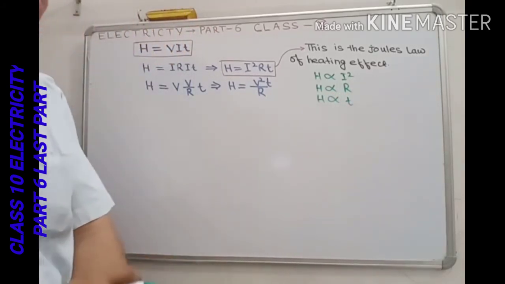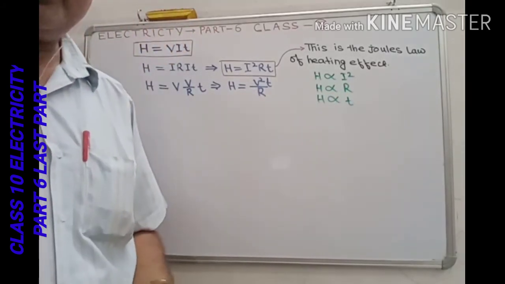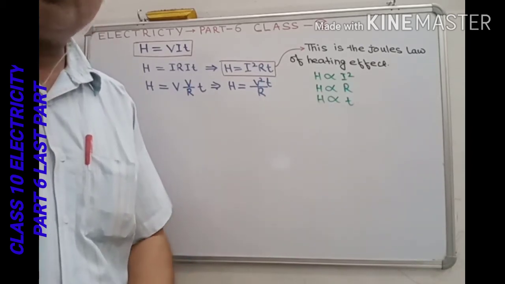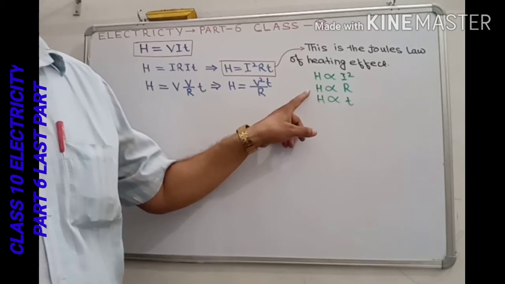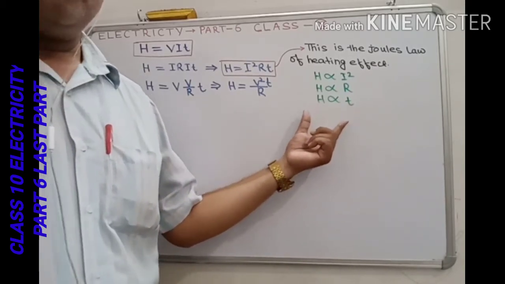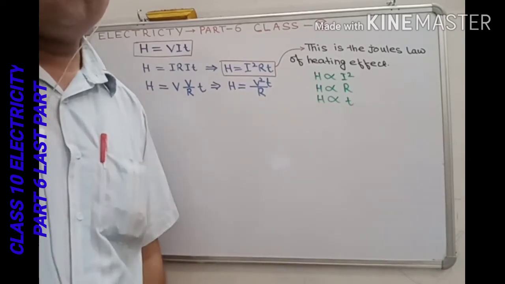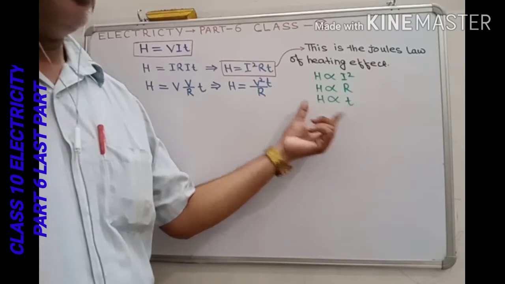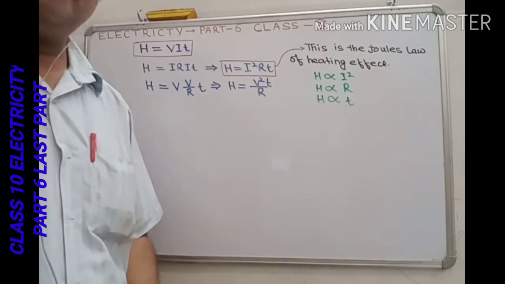If more current flows in a conductor, more heat will be produced. If the conductor has more resistance, the heating effect will also be more. And if we apply the potential difference for more time and the current flows through it, the heat will also be more.